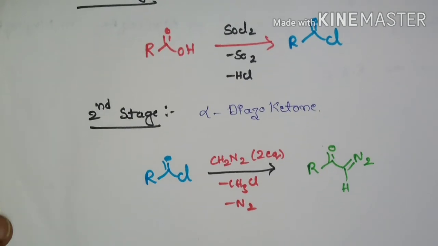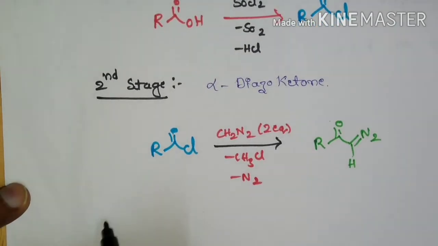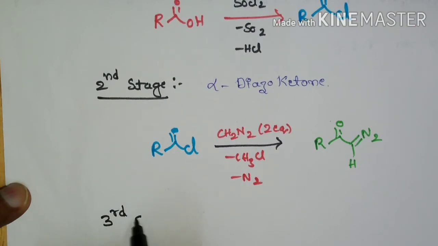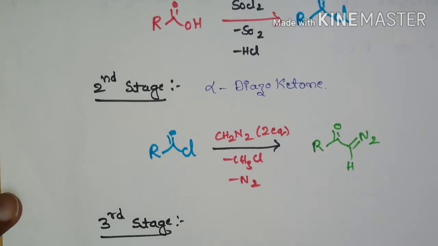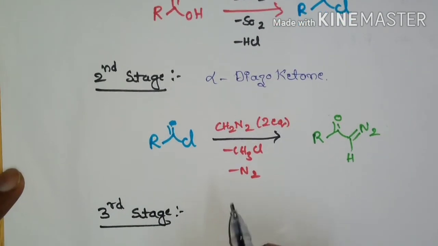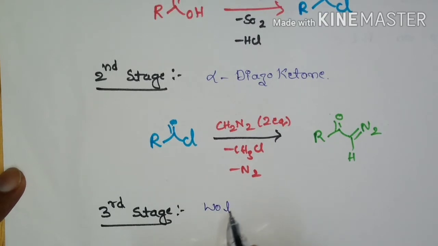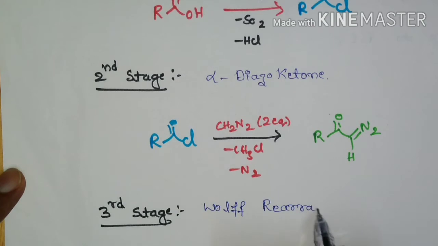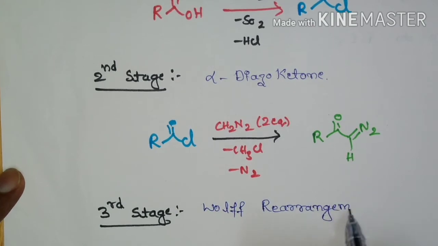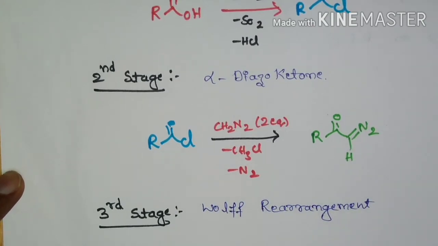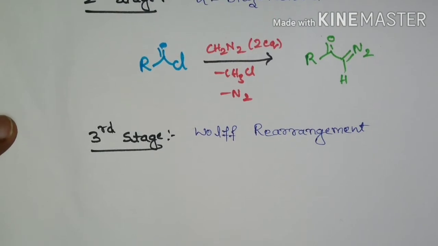And this alpha diazo ketone in the third stage undergoes Wolff rearrangement to give the homologated derivative.